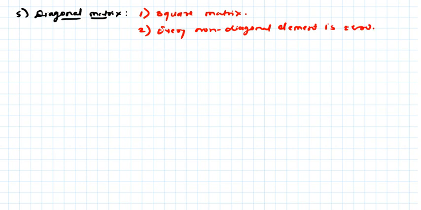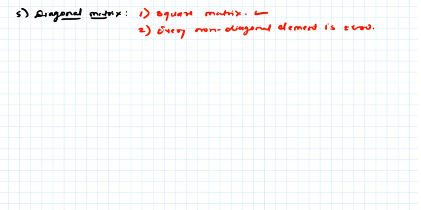This is the requirement for a diagonal matrix. First, it should be a square matrix, meaning the number of rows should be equal to the number of columns, and second, every non-diagonal element should be equal to 0.